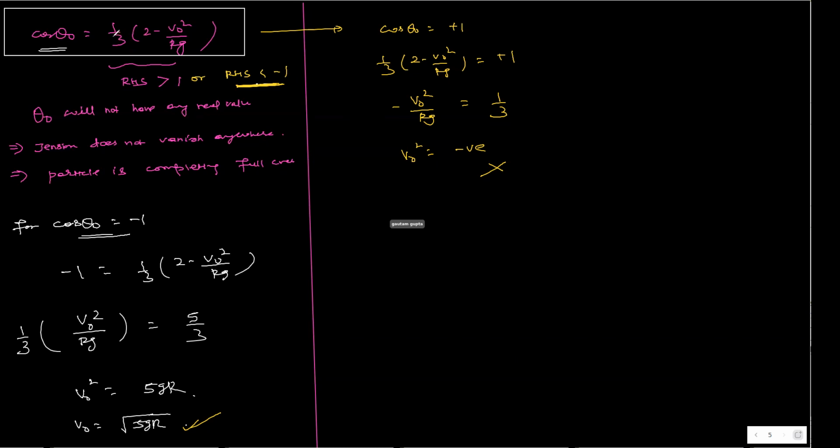So how do you find the limiting value? Even if cos theta is greater than 1 or less than -1, then cos theta will have a non-real value. So I will just put cos theta is just -1 so that I get the minimum velocity, so that cos theta is within its range. That will give you the minimum velocity with which the particle can be projected.